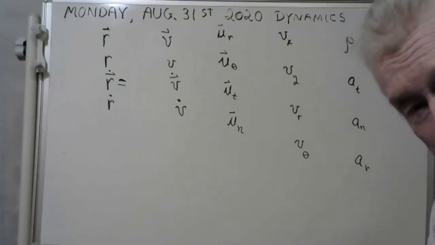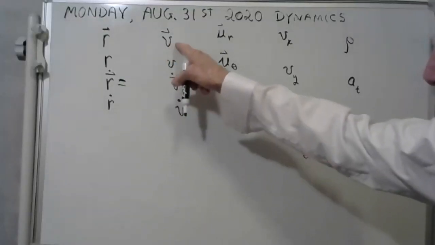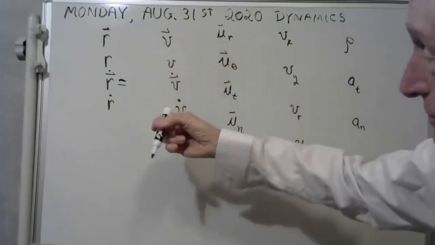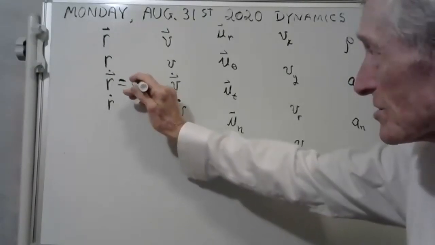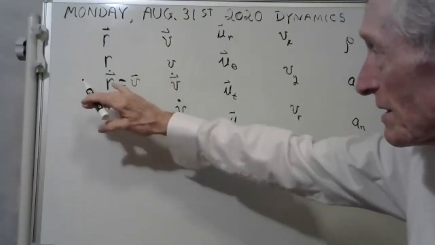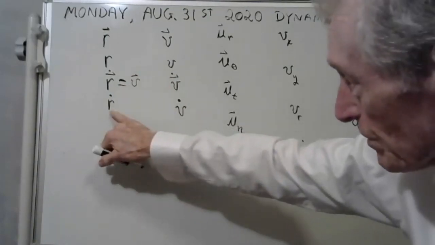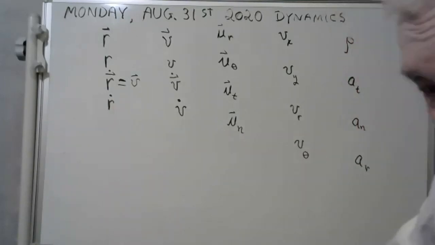Yeah, it's the velocity. Good going. That's equal to that one there. By definition, that one's equal to the velocity vector. Now this one's kind of weird. It's just got an R with a dot over it. What's that?